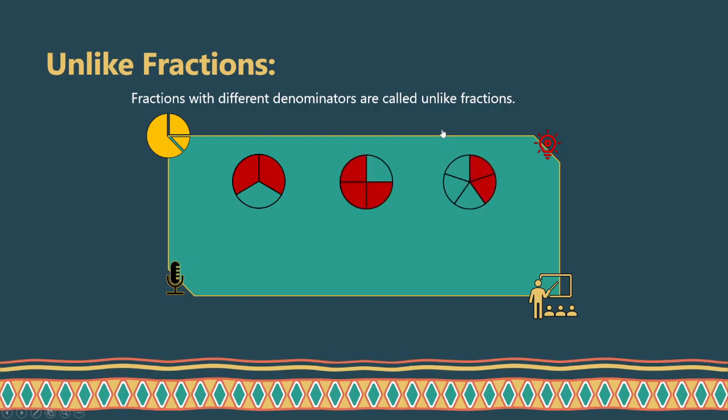Look at these pictures and their fraction forms. Here are three fractions with different denominators. So this kind of fractions are called unlike fractions. If fractions have different denominators, then these are called unlike fractions.